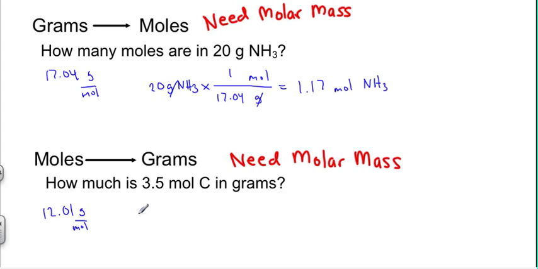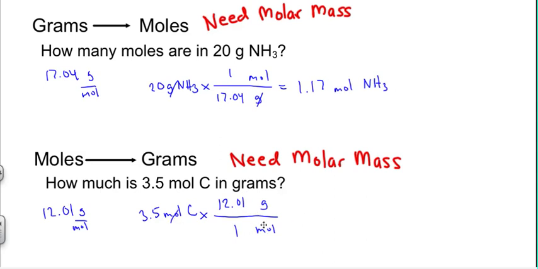So what we're going to do again is some stoichiometry, some dimensional analysis. Write down 3.5 moles of carbon, and we're going to convert that into grams of carbon. So moles is going to go on bottom, grams is going to go on top. Again, how many grams are in 1 mole of carbon? It's 12.01 grams per 1 mole.